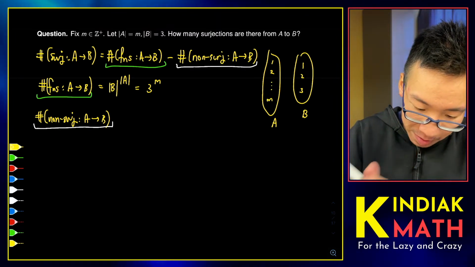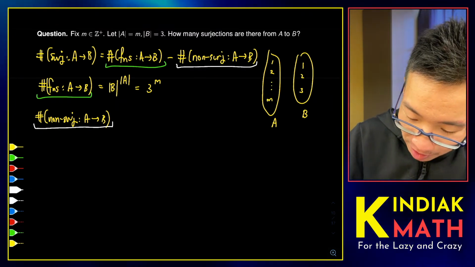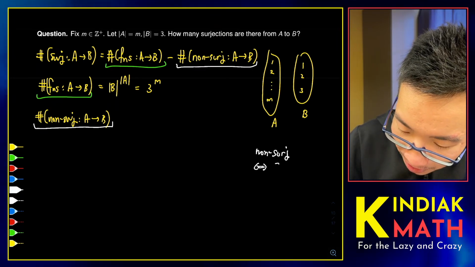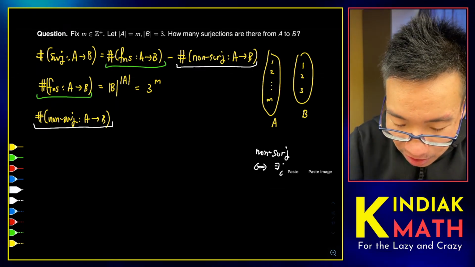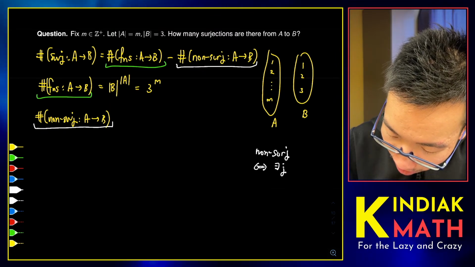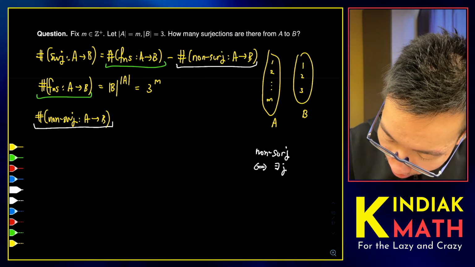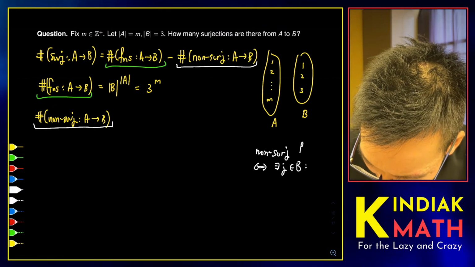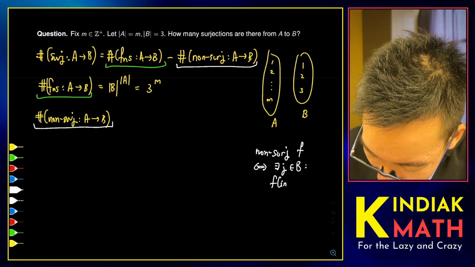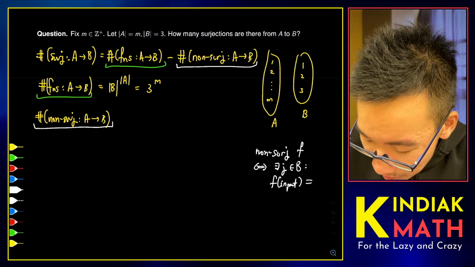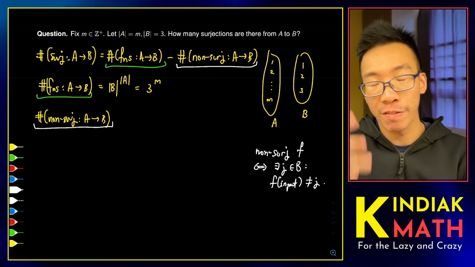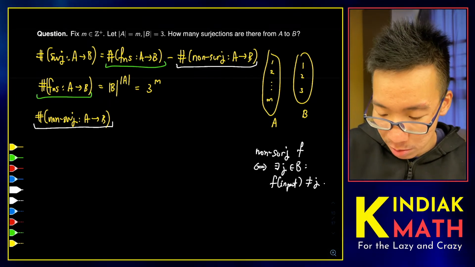So let's just think of it this way. Non-surjection means that there exists some integer j in B such that f of any input does not equal j. That's the idea of a non-surjection, right? It means you can find some output which has no input.